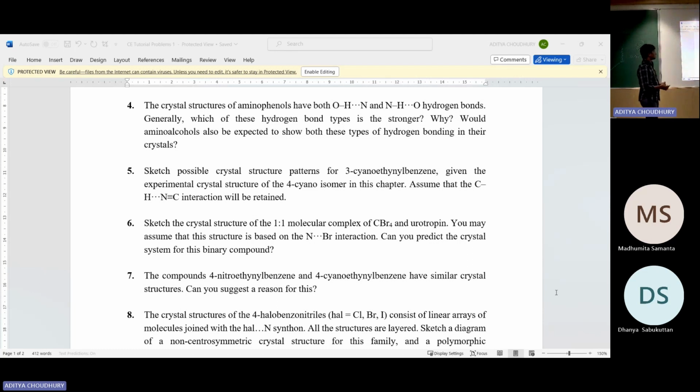Can you predict the crystal structure of this system for a binary co-crystal? Can you sketch it out, or is there any possibility? It's going to be difficult.